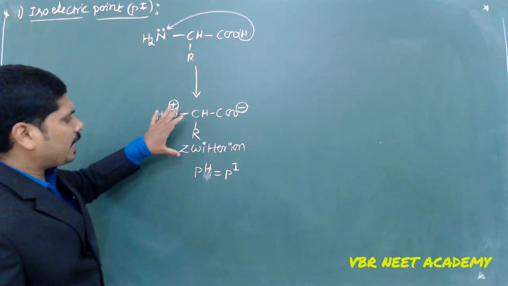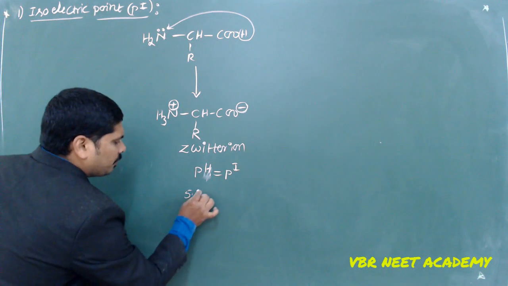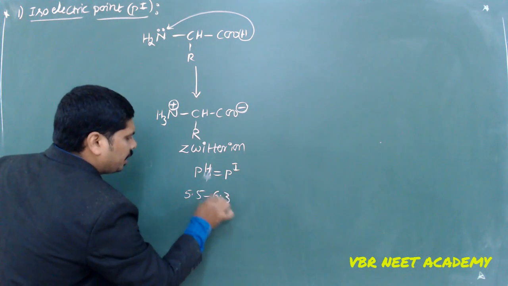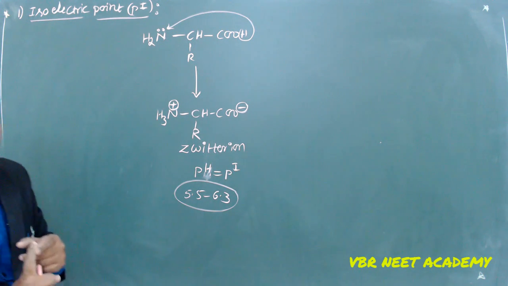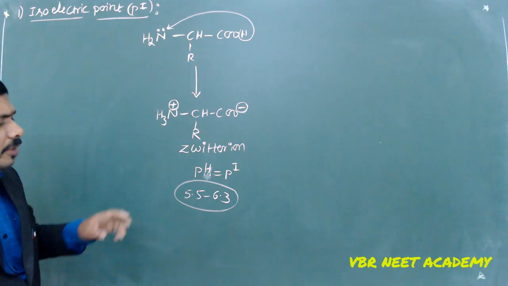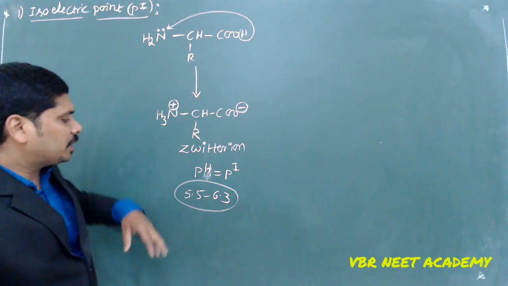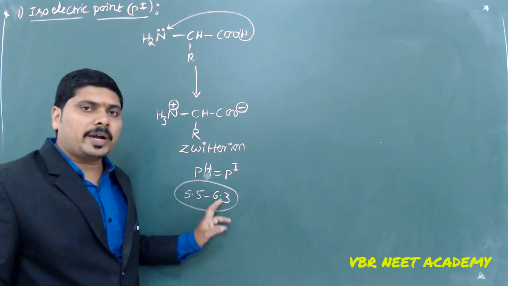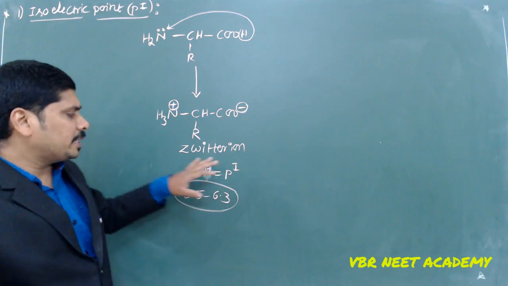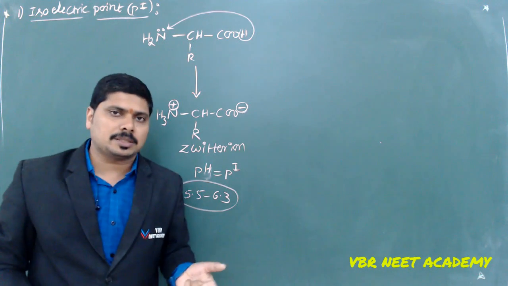Usually this isoelectric point ranges from 5.5 to 6.3 in the case of amino acids. Where we are talking about neutral amino acids, without an extra amine group or extra carboxyl group, the pI value ranges from 5.5 to 6.3.